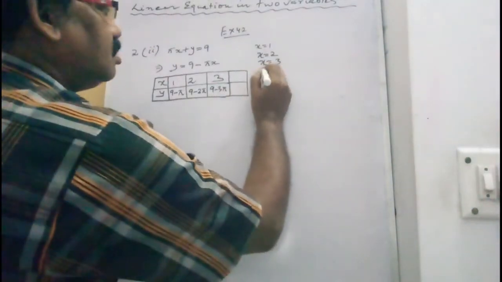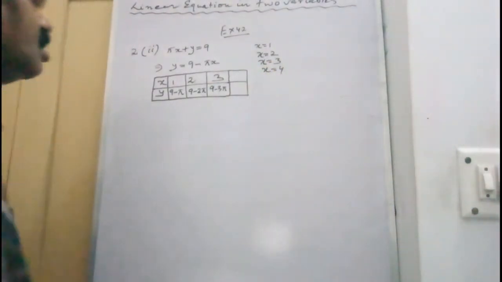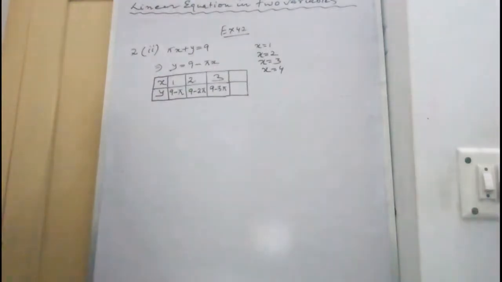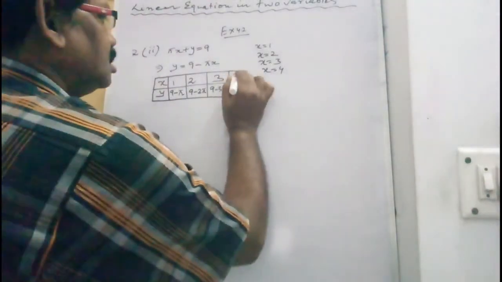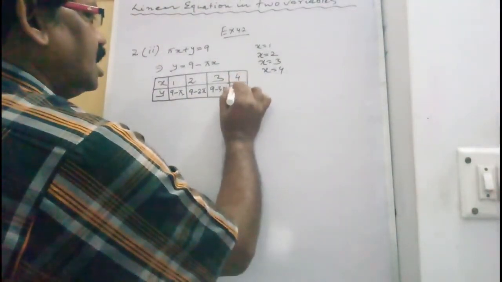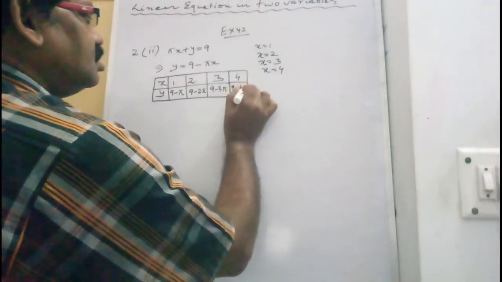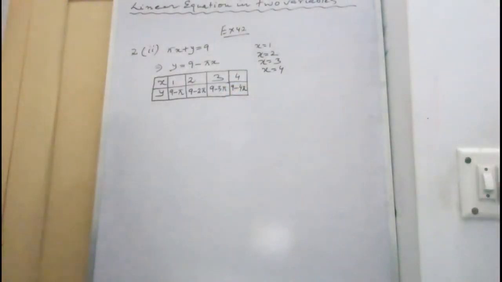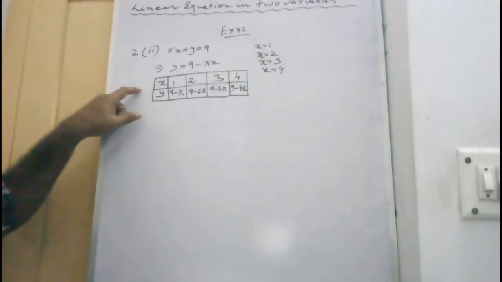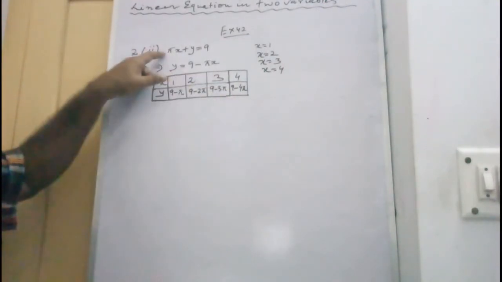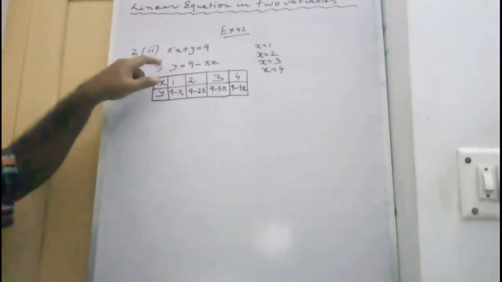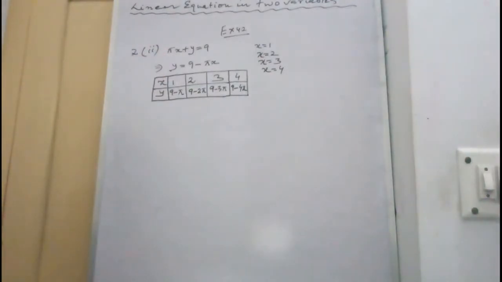Now x equal to 4. Now here you put the value of x. So y is 9 minus 4 pi. So these are the 4 solutions of this linear equation in 2 variables.